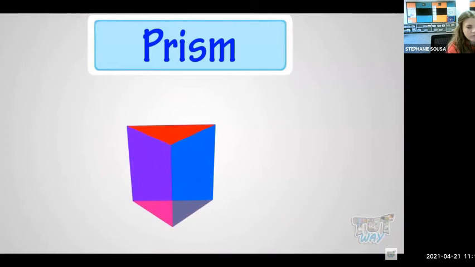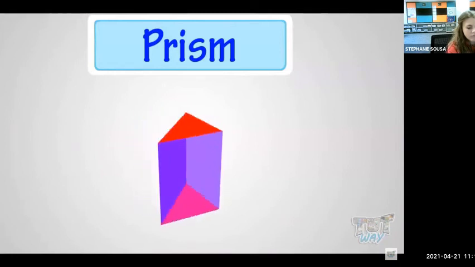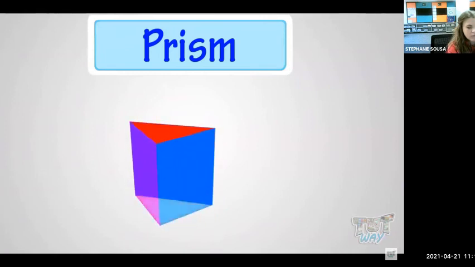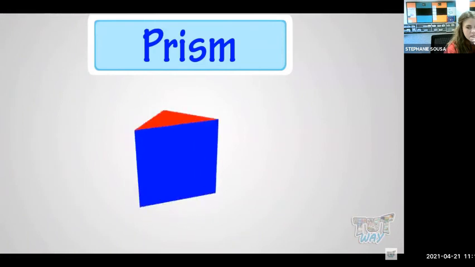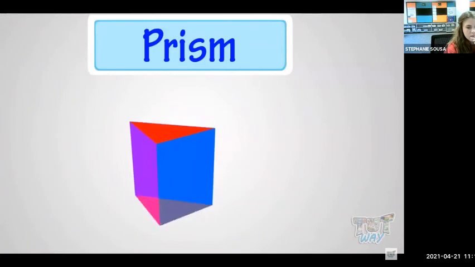In simple words, prism is a 3D shape in which the top and bottom faces are the same shape and size, and all the other faces are rectangles. I will repeat. Prism is a 3D shape in which the top and bottom faces are same shape and size, and all the other faces are rectangles.